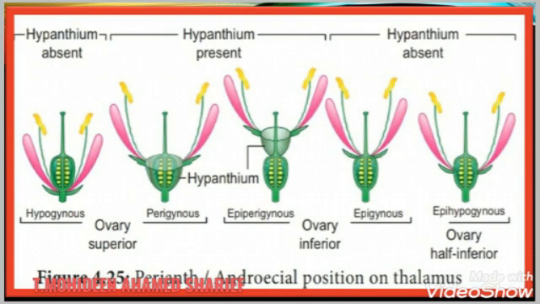Epigynous, the term is used for sepals and petals and stamens attached at the tip of an inferior ovary, example cucumber, apple and Asteraceae. And perigynous, the term is used for a hypanthium attached at the base of superior ovary.